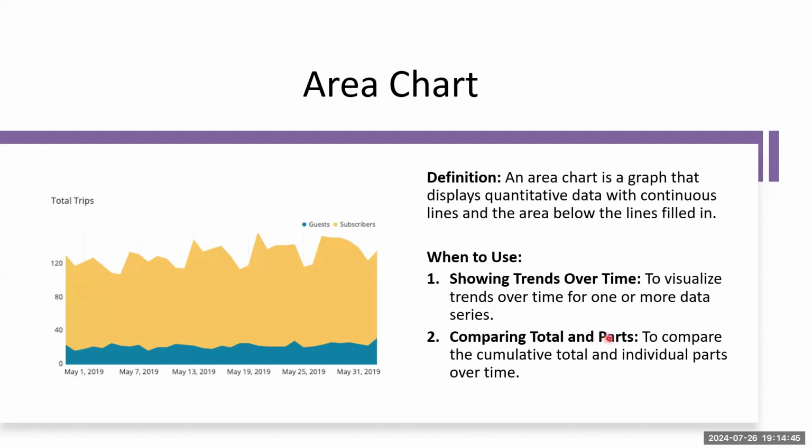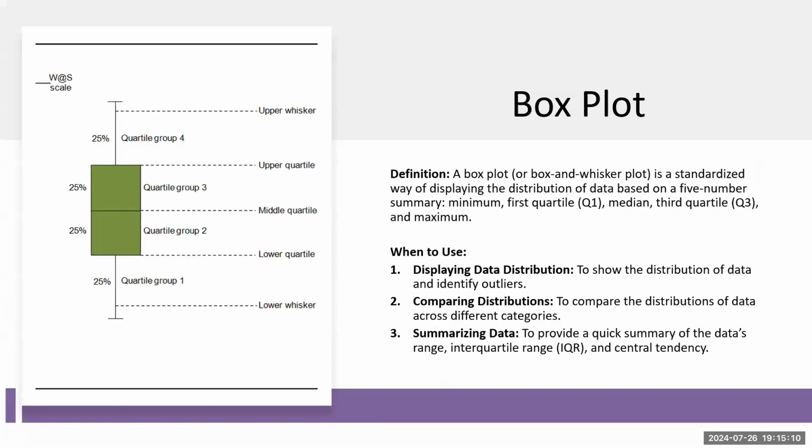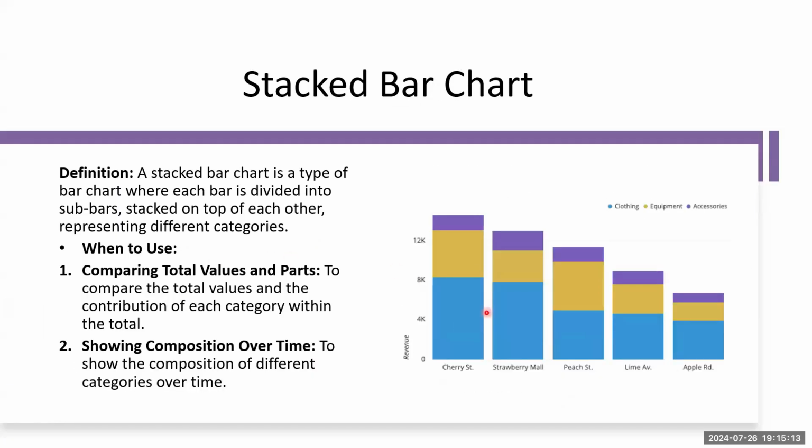Comparing total and parts, like we did for the stacked bar graph, to compare the cumulative total and individual parts over time. For the stacked bar graph, we are comparing totals and parts, but no time value, not over time.